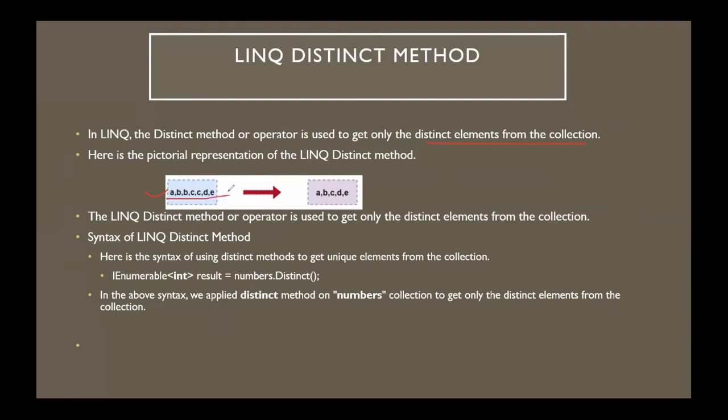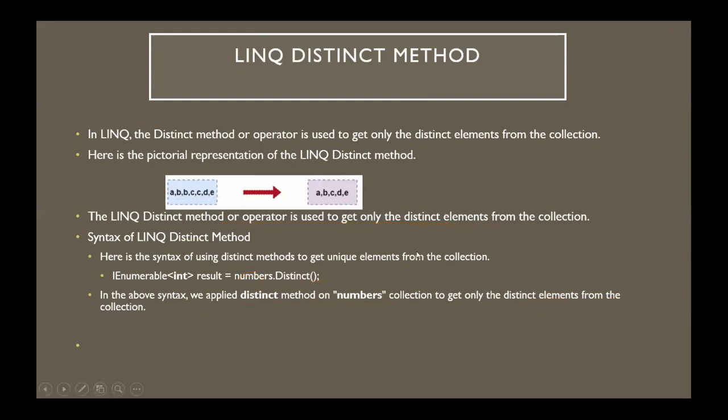A, B, C, and D from the same collection. We apply the distinct method on the numbers collection to get only the distinct elements from the collection.